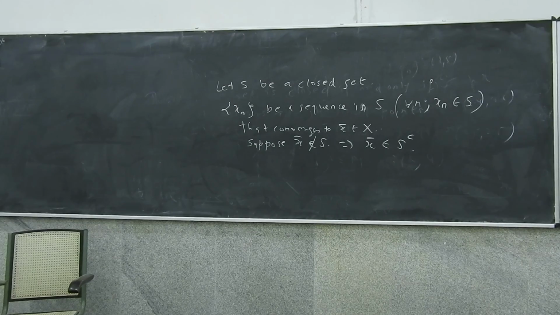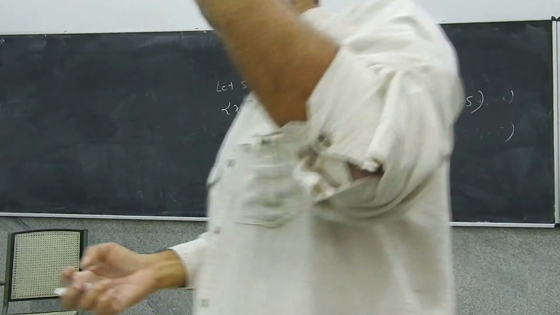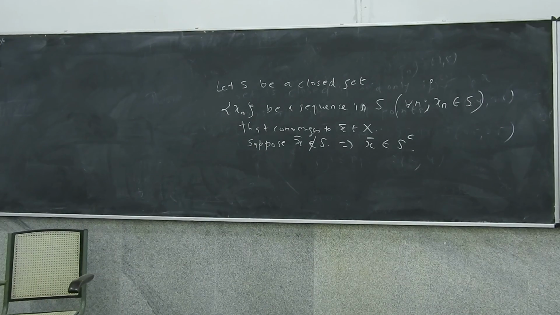When I say X bar belongs to S complement and S complement is open, there has to exist at least one neighborhood around X bar which contains no points of S. But in that case, X bar cannot be a limit point of S. Because by the very definition of a limit point, there will always exist an open neighborhood around X bar which will contain some points of S apart from X bar itself.